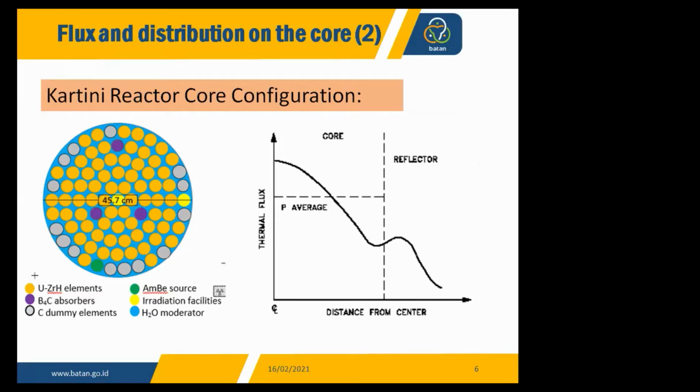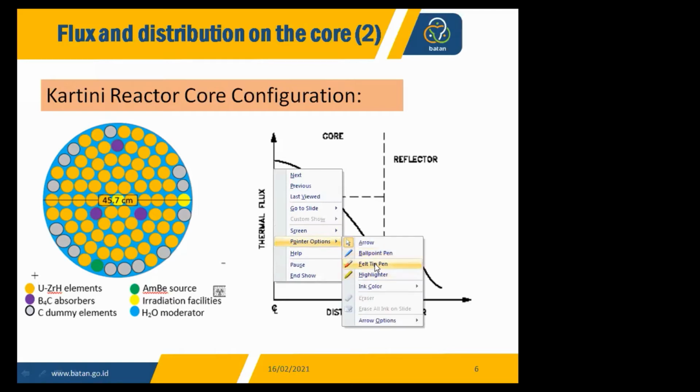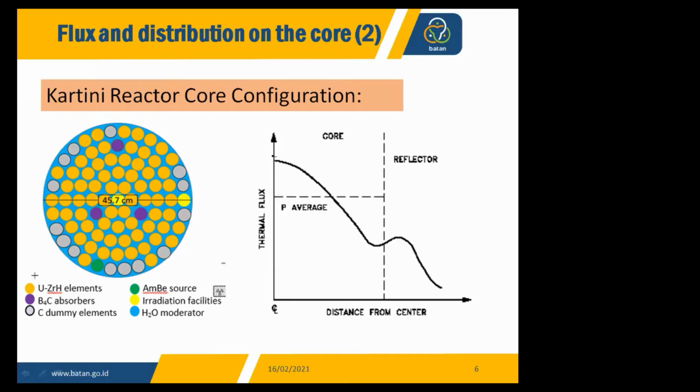This configuration influences the neutron behavior at the core. The right figure shows you an illustration of the thermal neutron flux distribution at the core. The highest flux, maybe I will show you. Okay, I will change the color.